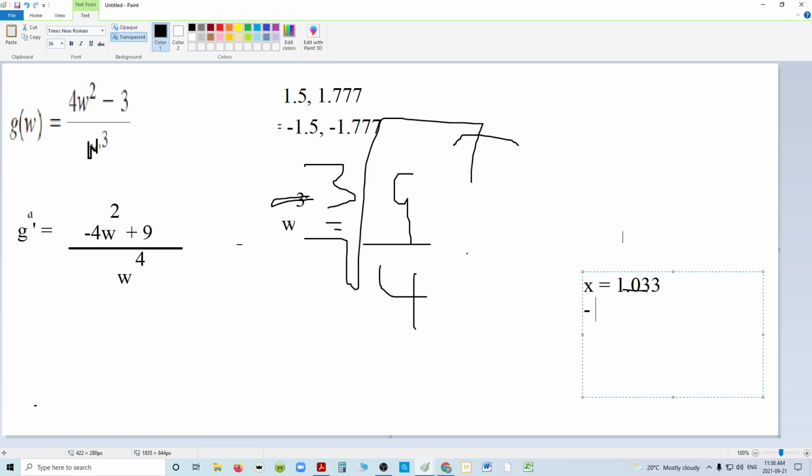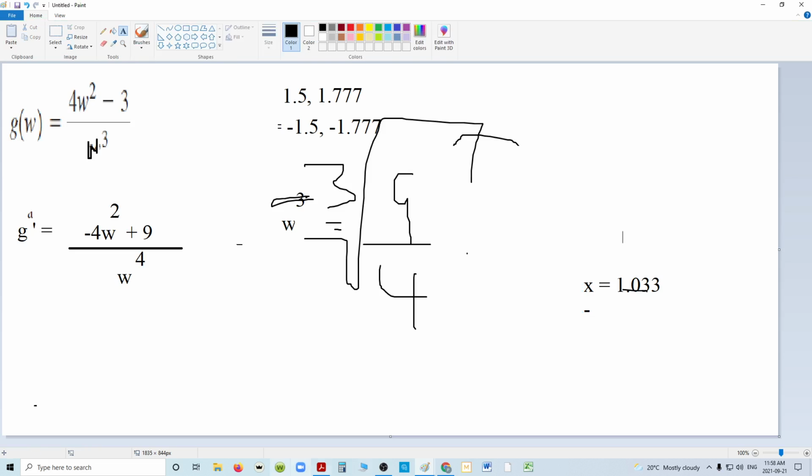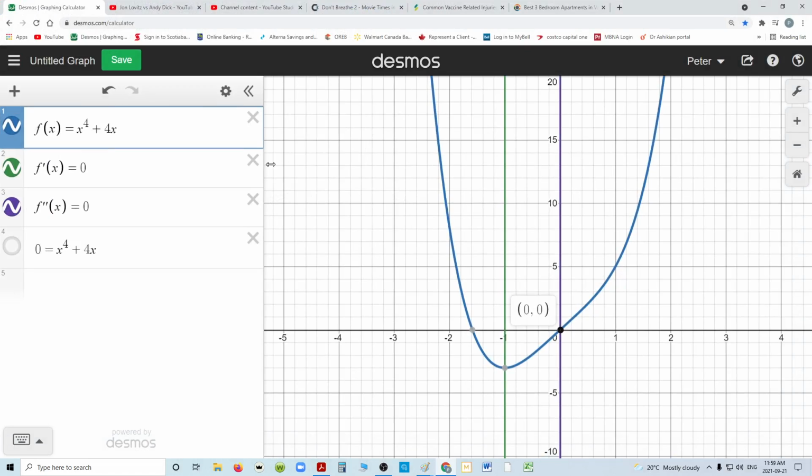So I probably made an error on the second derivative, which just goes to show you how easy it is to make an error. So let's just graph it and see what we came up with. 4x squared minus 3.